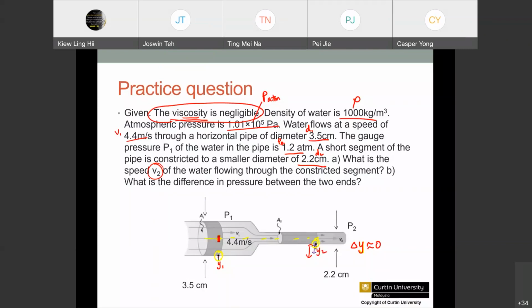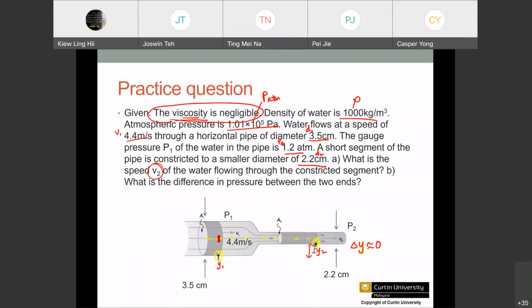So just for your syllabus for now in foundation, if the question does not give you any height, then it means that the change in height is negligible. But if the question gives you a height, you have to include it in your calculation.